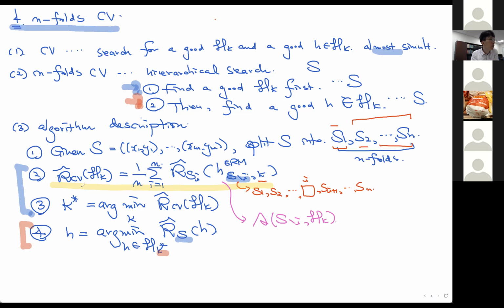But still the same idea applies. It's really trying to test the generalizability of an algorithm when we fix its hypothesis set to H_K. So steps 2 and 3 compute the generalizability of an algorithm with respect to a hypothesis set, and then we pick the winner, and based on the winner we apply the algorithm. If we use this algorithm A, then the next step will use the same algorithm with respect to H_K star. So that's one thing.